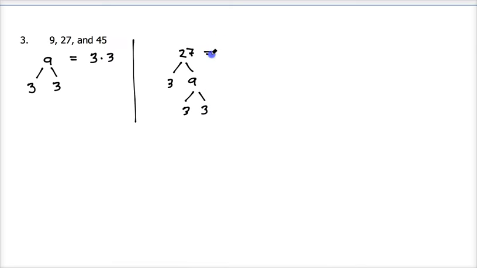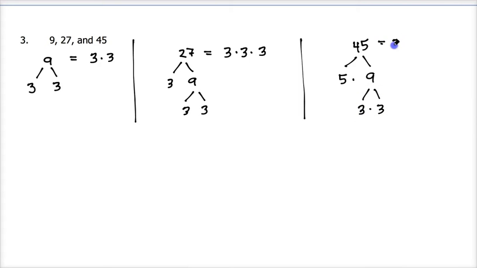So 27's prime factorization is 3 times 3 times 3. And then 45, well, 45 is 5 times 9. And again, 9's 3 times 3, so this becomes 3 times 3 times 5.